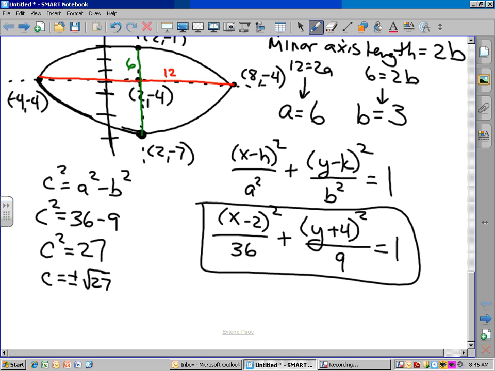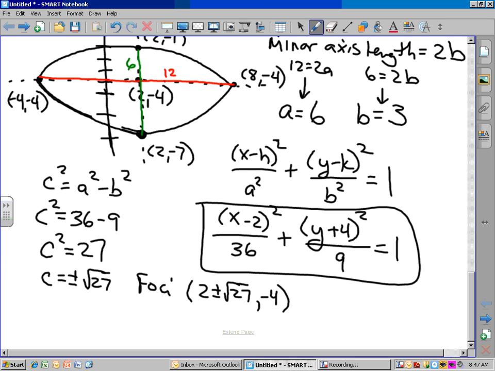All right, so my foci are going to be located on the major axis. So I'm going to go square root of 27 left and right of the center. Ready? 2 plus or minus the square root of 27, comma, negative 4.